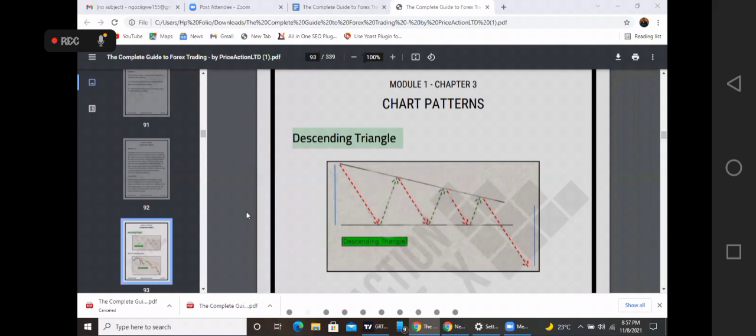These patterns are not 100%, but they have a 70 to 90% win rate. So if you find this structure 10 times, you should have at least 7 to 9 wins out of it. Are you clear? Okay, thank you very much.